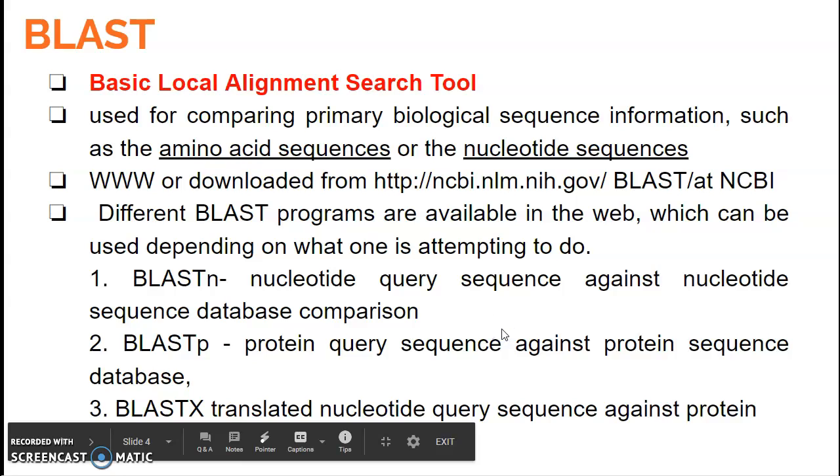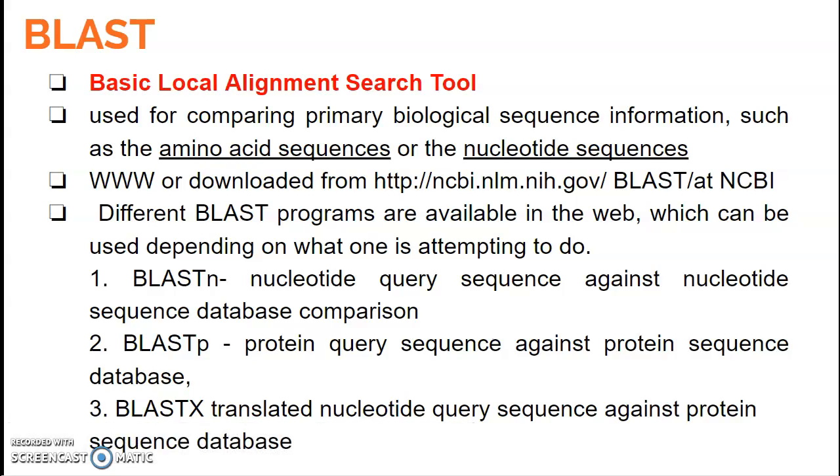Here I'll just be introducing BLAST and FASTA. We'll start with BLAST. BLAST, the full form is Basic Local Alignment Search Tool. This is a tool which I use for comparing primary biological sequences such as amino acid sequences and nucleotide sequences of the DNA.